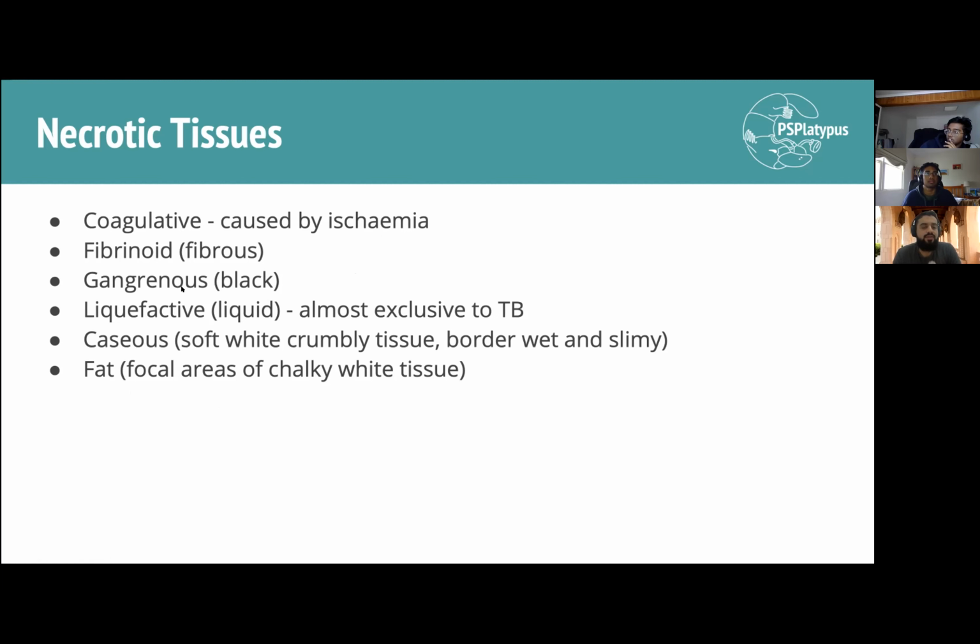We have gangrenous. It's a special type for blood components if the injury or replaced tissue is blood. Then we have liquefactive, where it produces liquid. We have caseous, which is like a creamy material. And finally, we have fat, where fat replaces the damaged tissue.